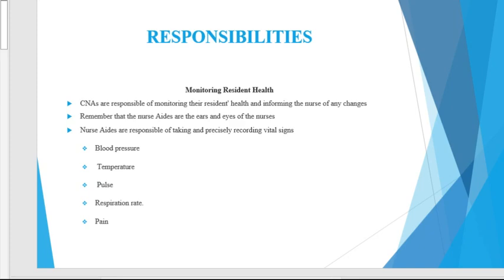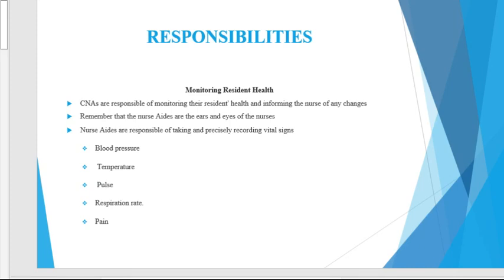Remember that the nurse aides, we are the ears, the eyes, the nose of the nurses. Our observation and what we report to the nurses matters a lot. The nurses are responsible for taking and precisely recording vital signs, which are the blood pressure, temperature, pulse, respiratory rate, and then pain.